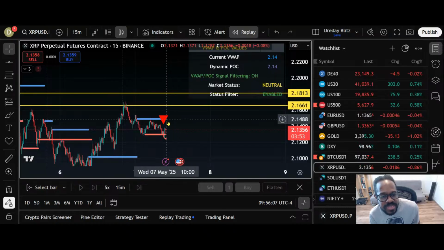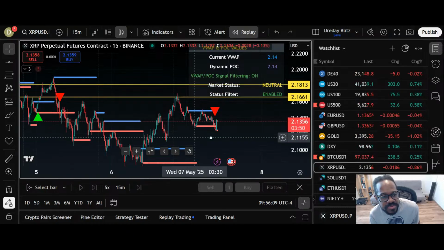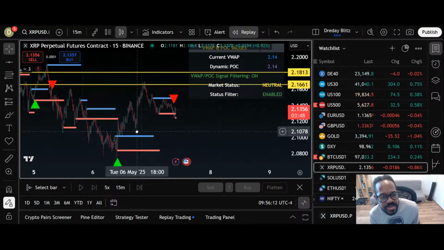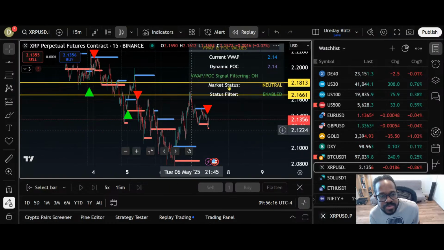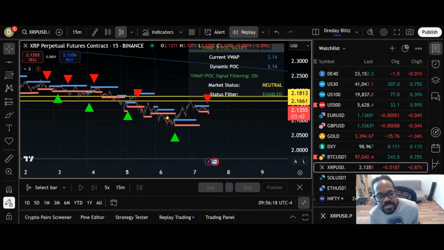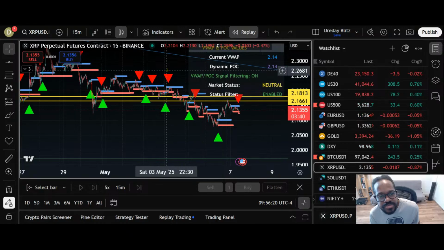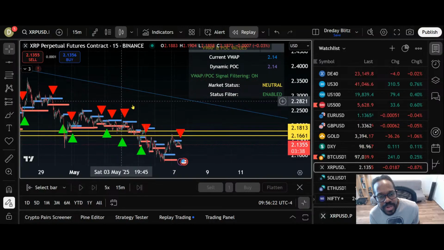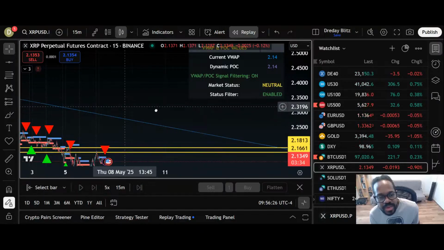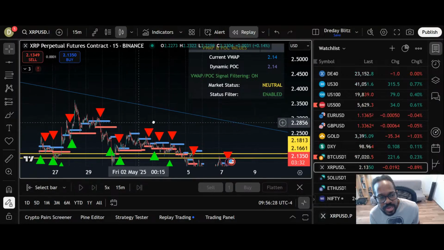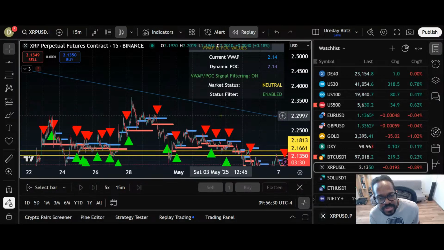Now XRP here, we did have a sell here on the 15-minute chart going down, but overall, still bullish here on XRP. So I'm waiting to see exactly if it's gonna break this line here that I drew when it did the high previously.